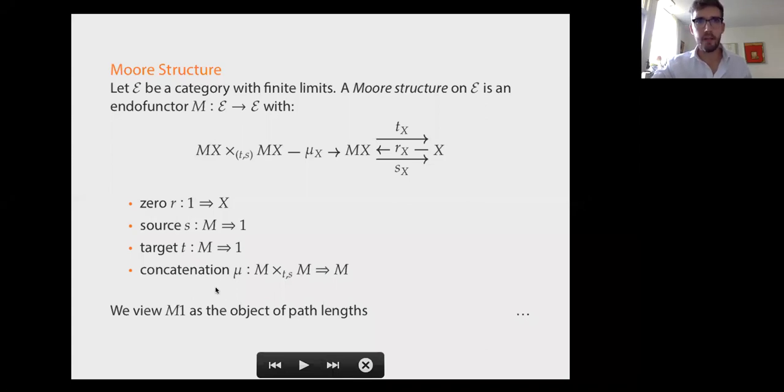E is just a category with finite limits, and a Moore structure is an endofunctor that constructs for every object X an object of things we might call Moore paths in X. A Moore path in the topological sense is a path equipped with a length. So it's not an ordinary homotopy path; it has something extra.